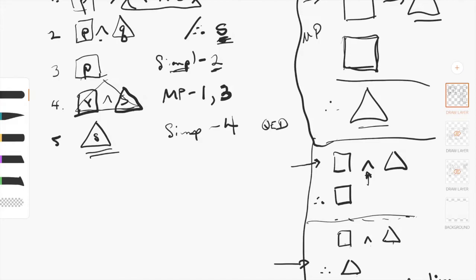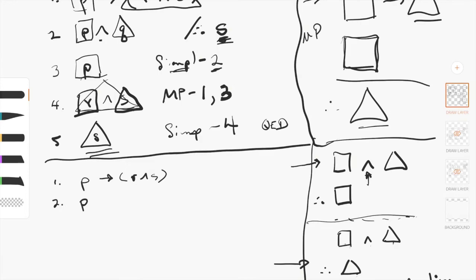Now, I'll just do one more thing, and that is I'm going to rewrite this whole proof without the geometric shapes so you can see a little more clearly what the proof structure looks like when it's not all annotated with those geometric shapes. So that's our actual argument setup, right?